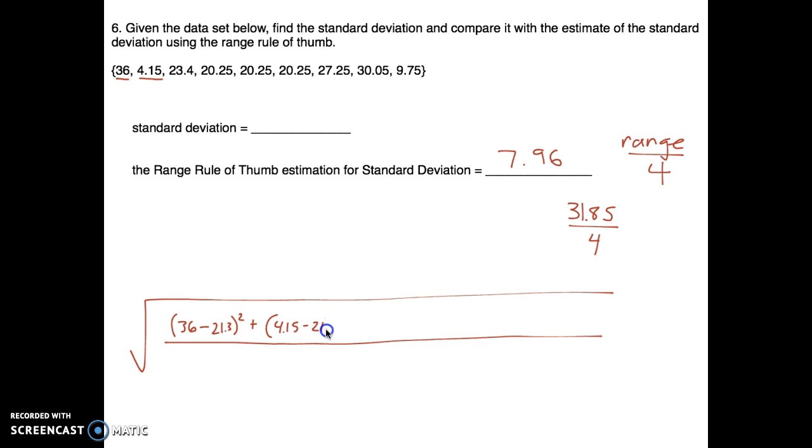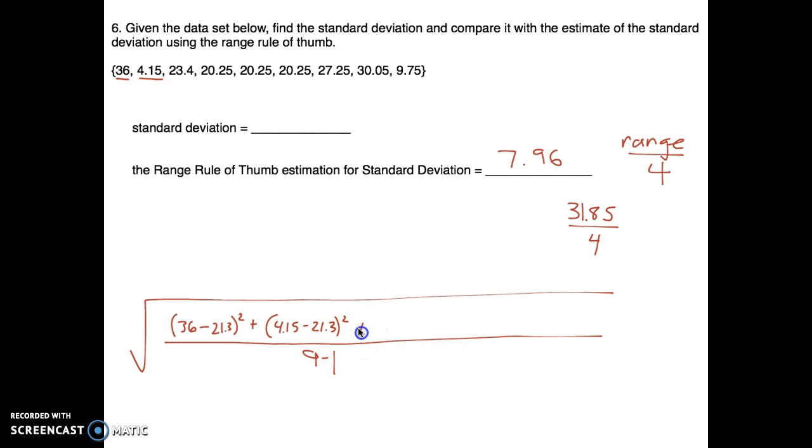So the average, I just added up all the numbers and divided by how many there were. Let's see, there's 1, 2, 3, 4, 5, 6, 7, 8, 9, I believe. Then we're going to divide it by how many there are minus 1. So we would divide it by 9 minus 1.